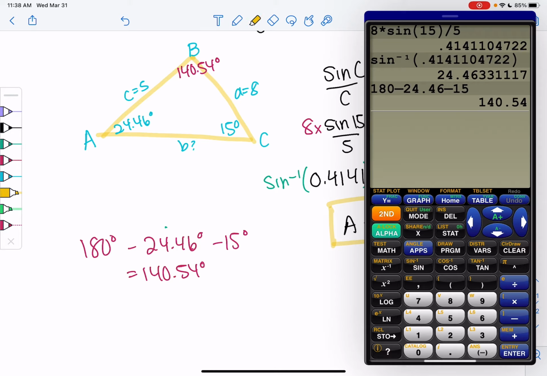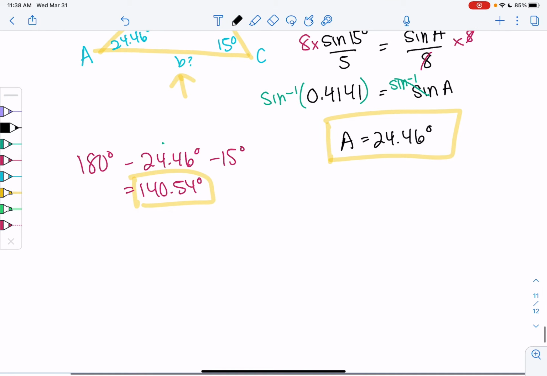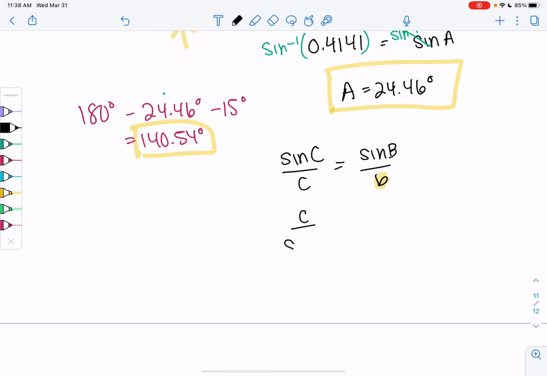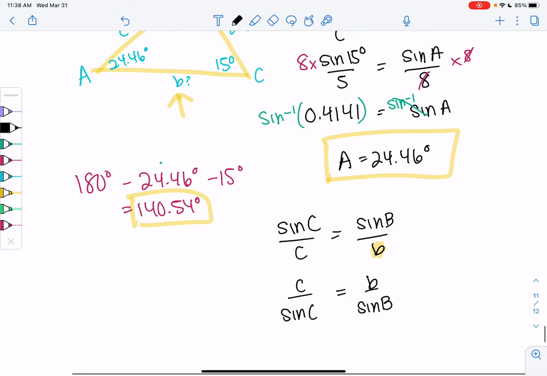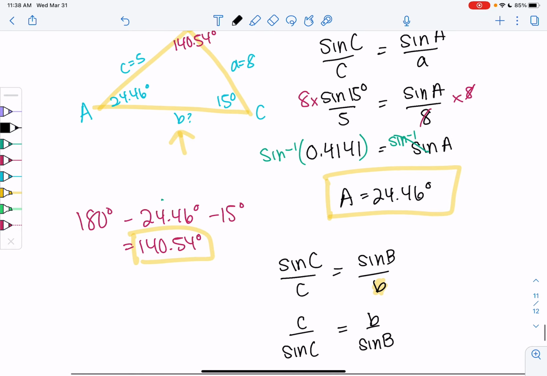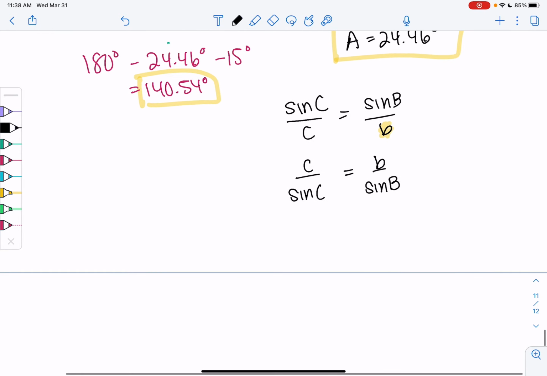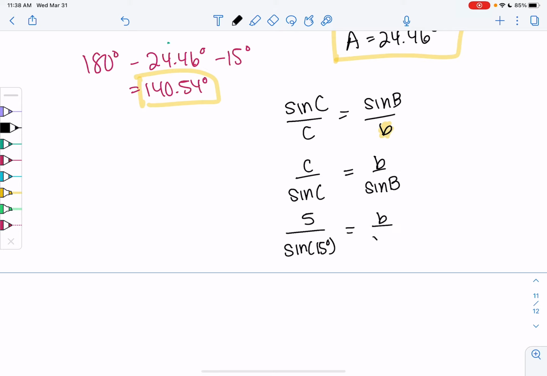All right, we're almost done. We're only missing little b. So if you want to find little b, you'll do law of sines one more time. So sine of C over c equals sine of B over b. I might flip it since we're solving for little b. So c over sine C equals b over sine B. And I'll do this a little fast, so pause if you want to try it without me. 5 over sine of 15 equals b over sine of 140.54.